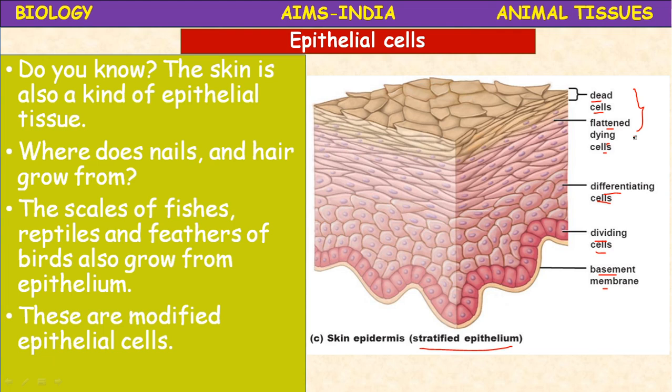Non-keratinized stratified epithelium is present in the digestive tract, that is the pharynx, and in the reproductive tract in females, the vagina, and in the eye also, the conjunctiva layer of the eye consists of this stratified epithelium. It consists of many layers, 3 to 4 layers are present. Okay, it is protective in function.